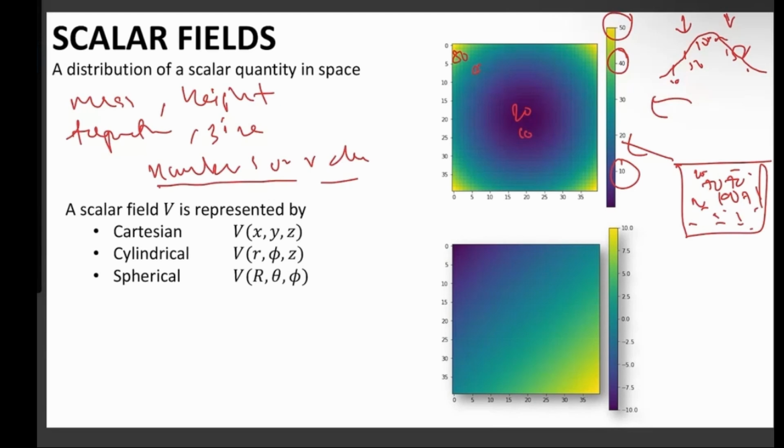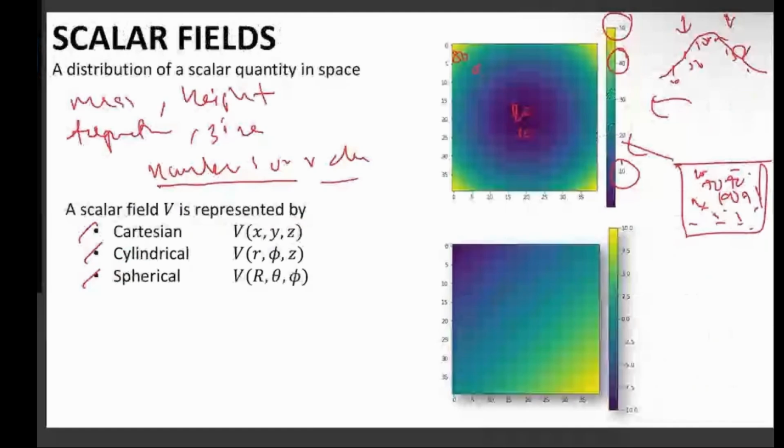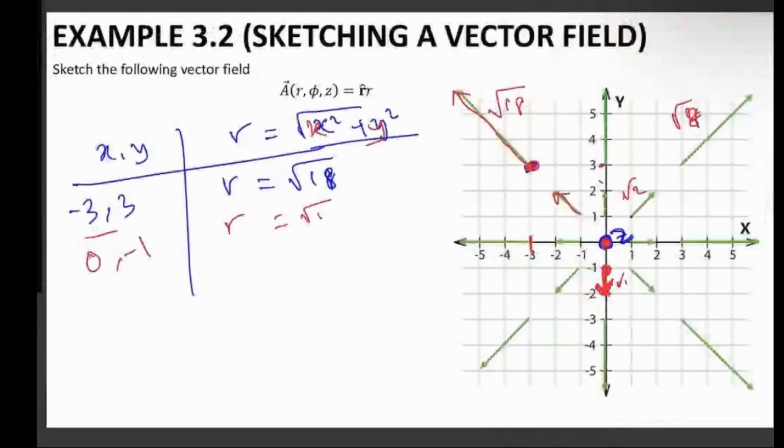I believe you already learned about this scalar field in your geography. Scalar fields can be represented by Cartesian, cylindrical, and also spherical. Any question regarding vector field and scalar field? Vector field represents direction, scalar field represents the value of a number.